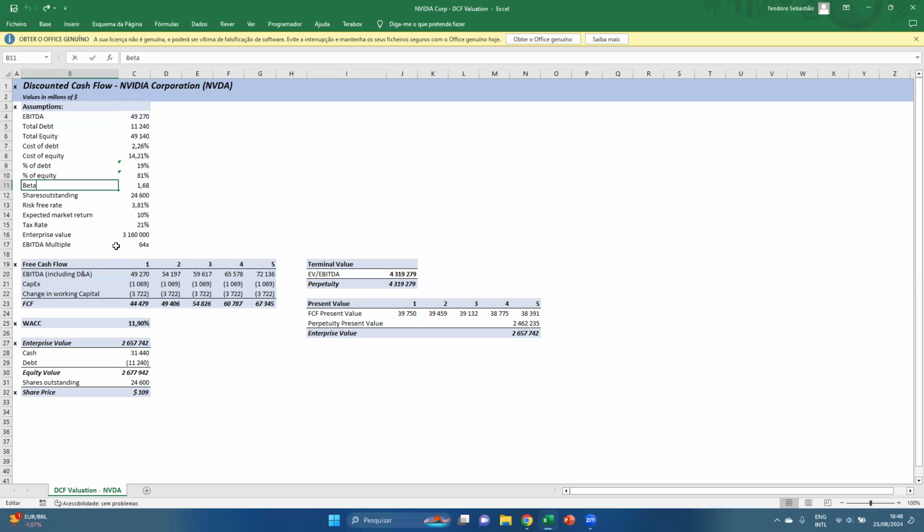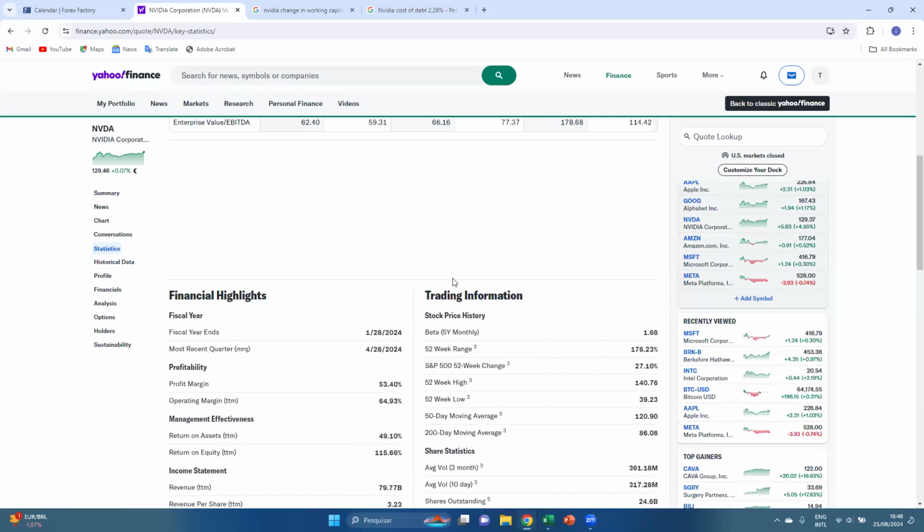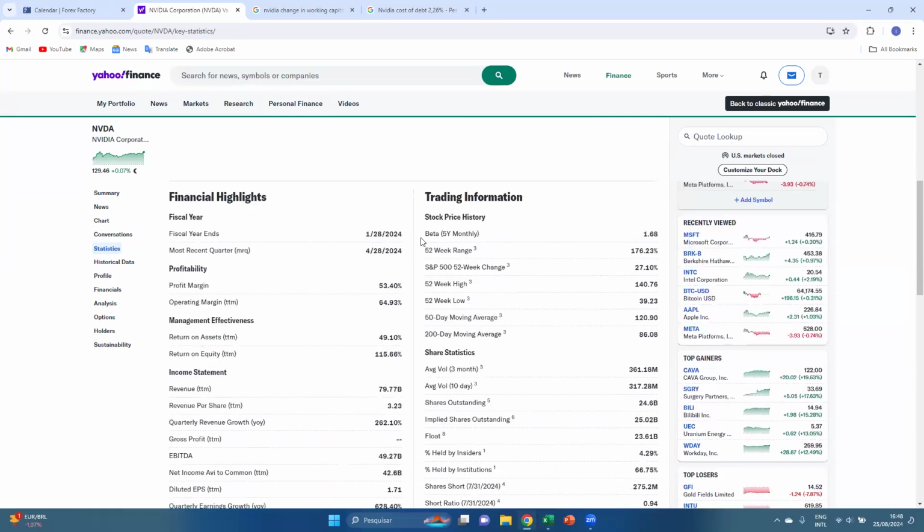So then we have the beta, which, as I said, basically measures how volatile your company is based on the market movements. And we can also find the beta here, that is 1.68, and it is the same here.